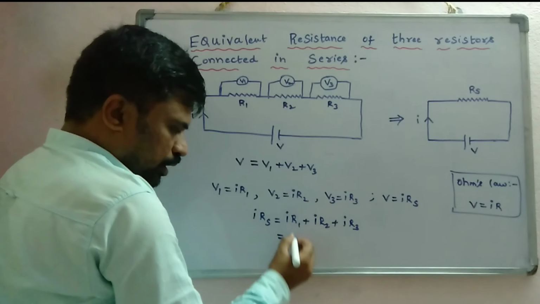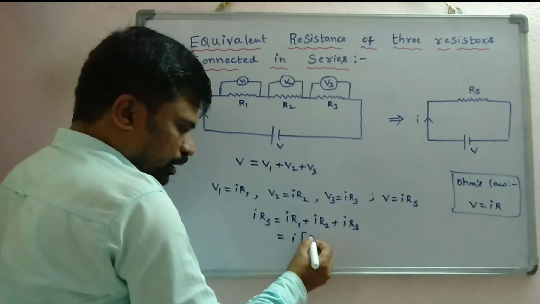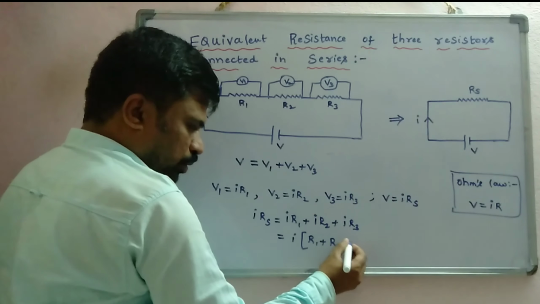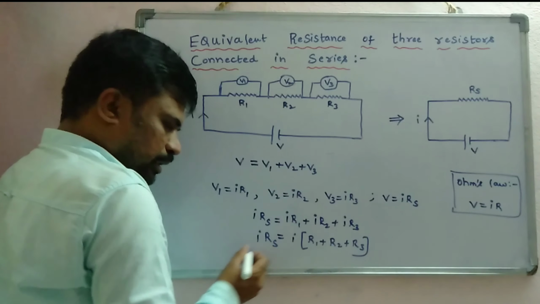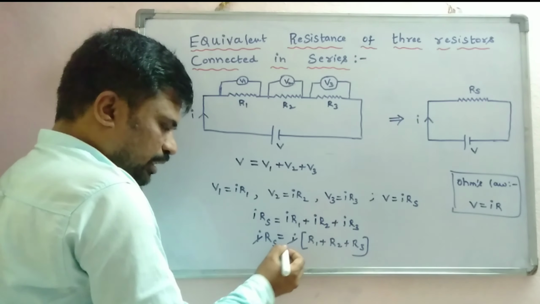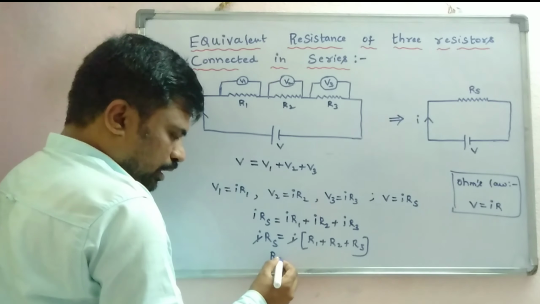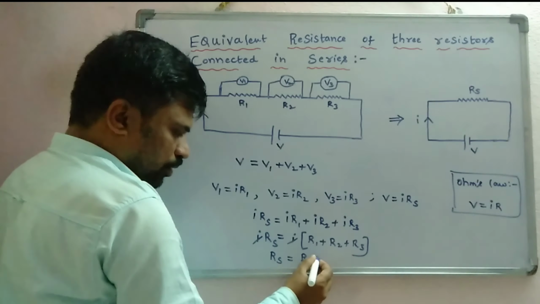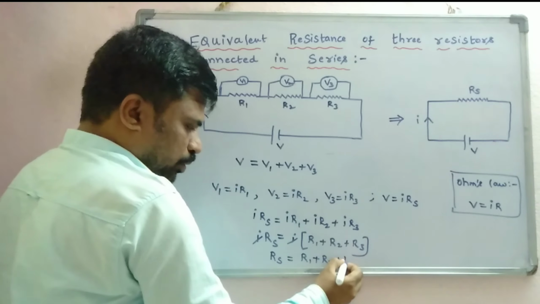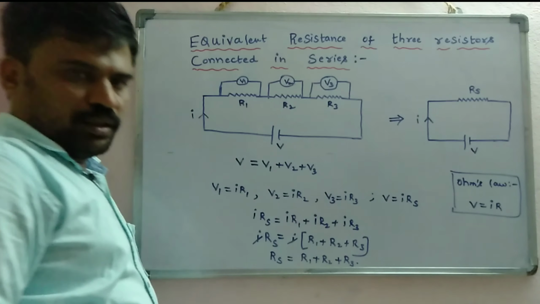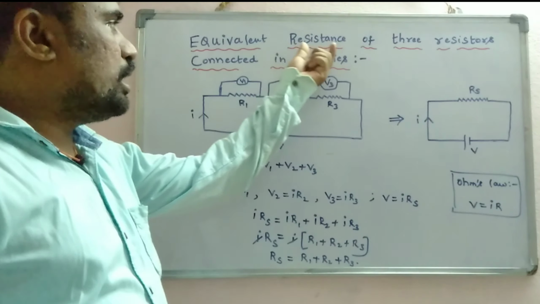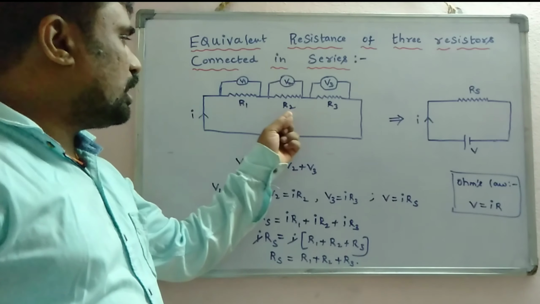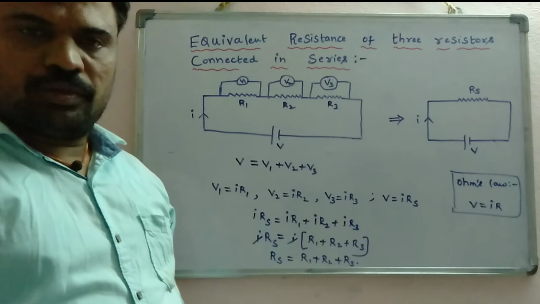So now you can take I common: R1 plus R2 plus R3, and here it is IRs, and I and I get cancelled, and what you got? Rs equal to R1 plus R2 plus R3. So we have got a formula for equivalent resistance when three resistors are connected in series.